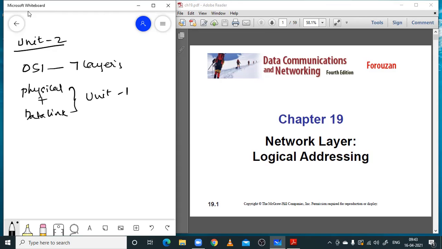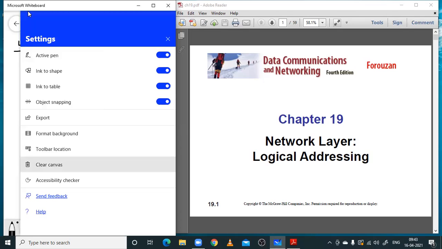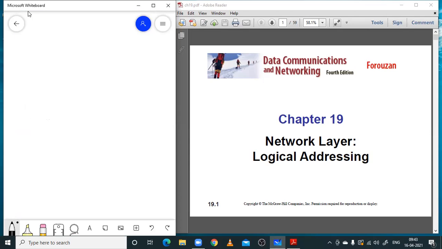Now we are going to discuss the other layer, that is the network layer, as part of Unit 2. So we will concentrate on the network layer from the second unit onwards. What does it contain? What type of connections will be there?